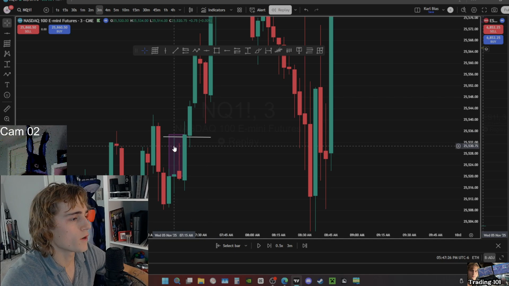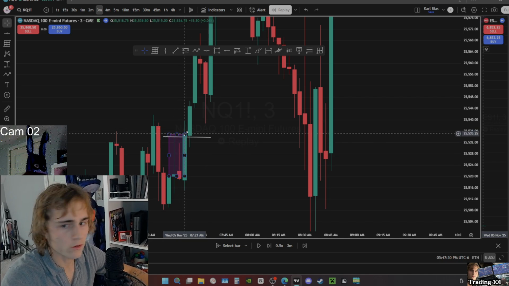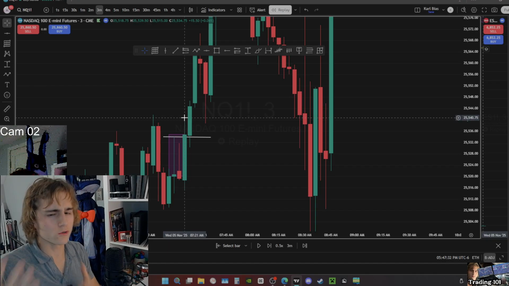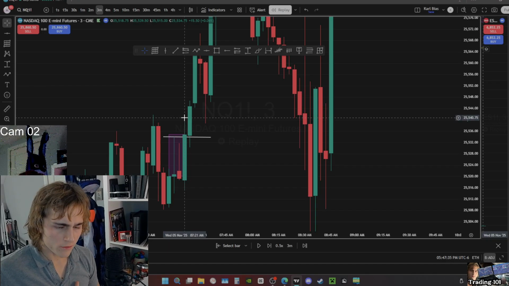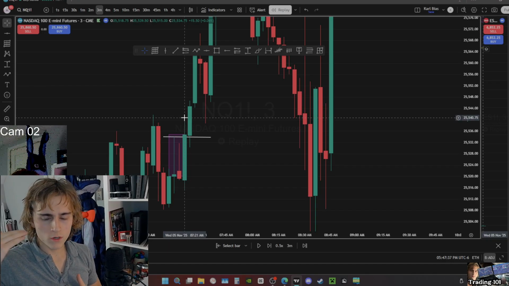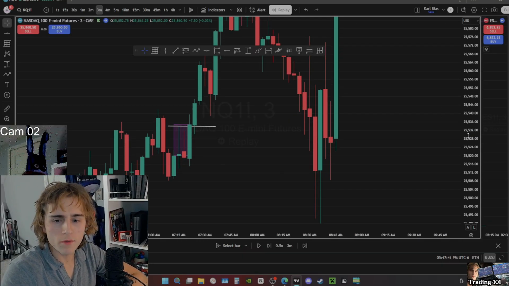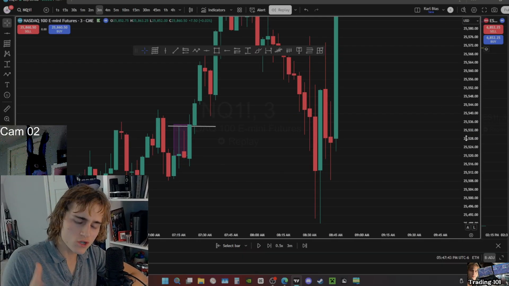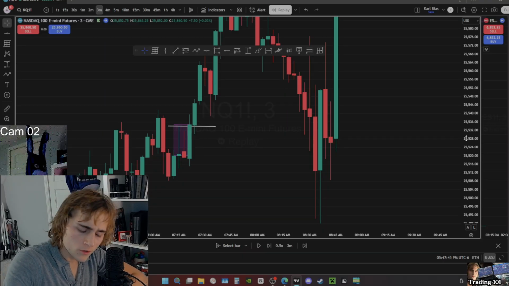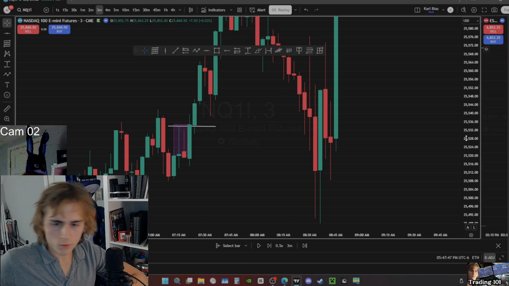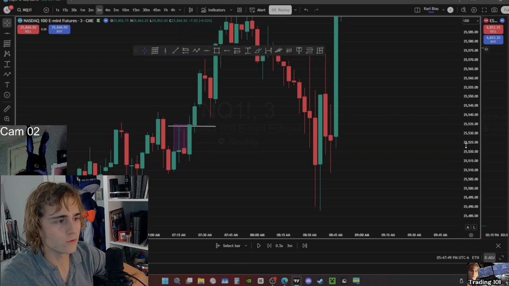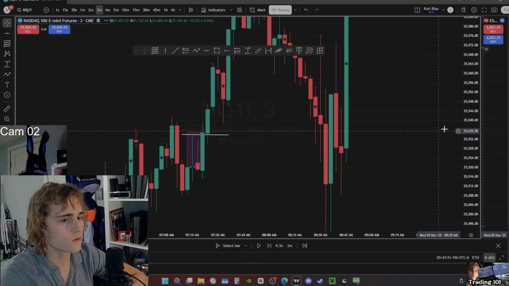So price grabs price, closes over, or comes over. It doesn't have to close over or close underneath. It just has to come over or underneath. And price will go the opposite way because it grabbed orders, usually after coming all the way up to grab or coming all the way down to grab, and it's going to move the opposite direction.